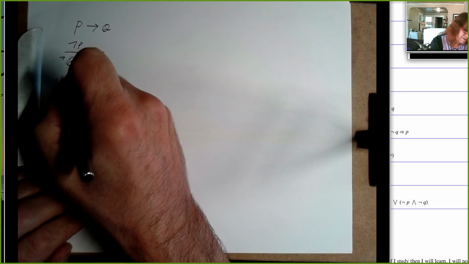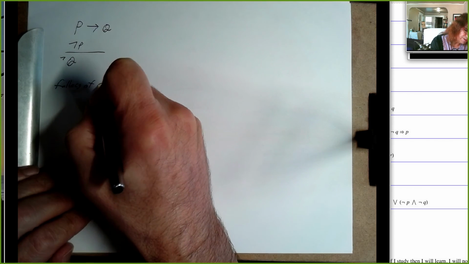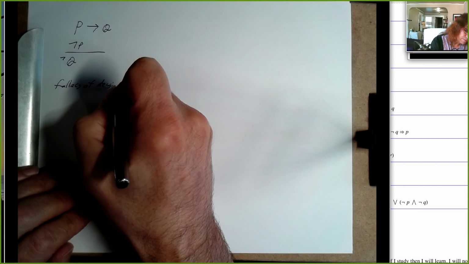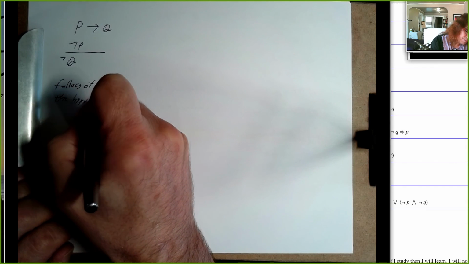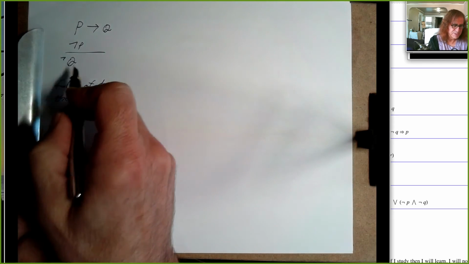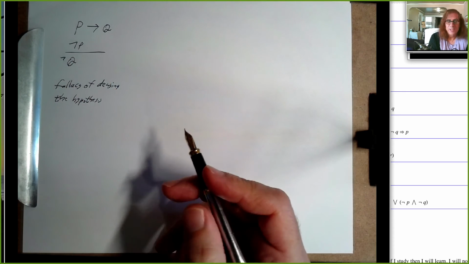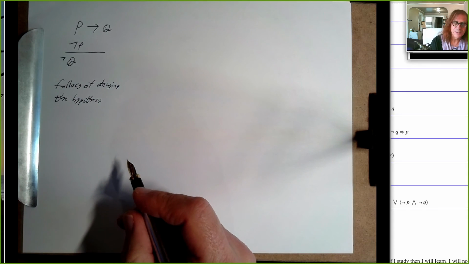Right, so that's the fallacy of denying the hypothesis. Right, so this does not follow from that. It could be that Q turns out to be false, right? But it could also be that Q turns out to be true.